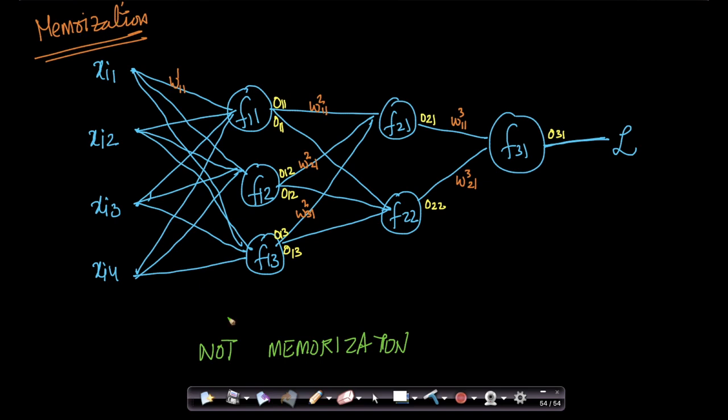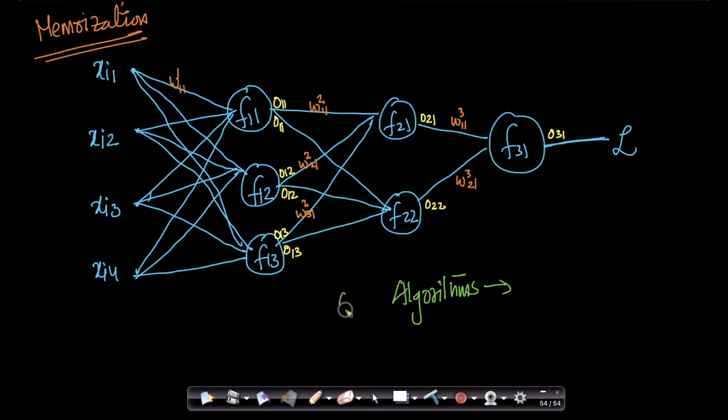Some of you who have studied computer science might have studied a subject called design and analysis of algorithms. If you're a non-computer science student, you probably would never have encountered it. But computer science students would encounter this subject called algorithms, or design and analysis of algorithms, as it's called in some universities and colleges.